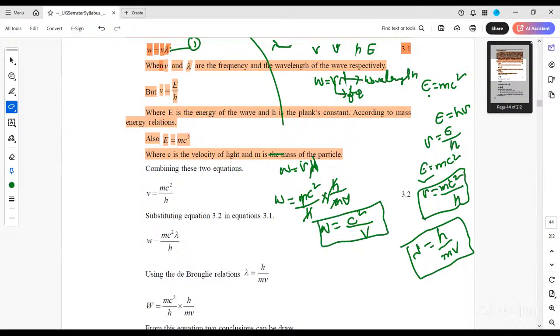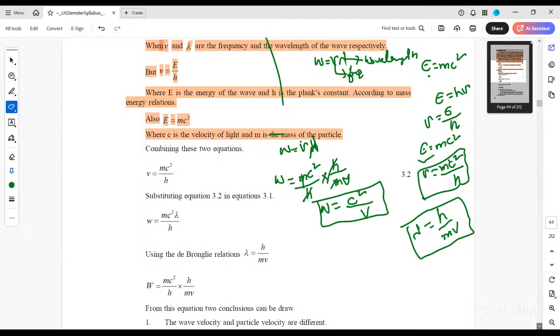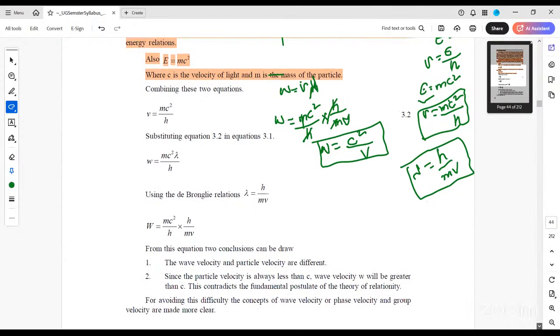The phase velocity is calculated. This h is cancelled, m is cancelled. So finally we get W equal to c square by v. This is the phase velocity formula.